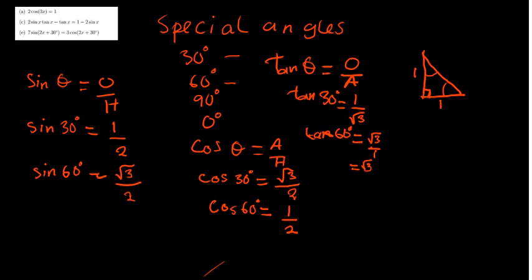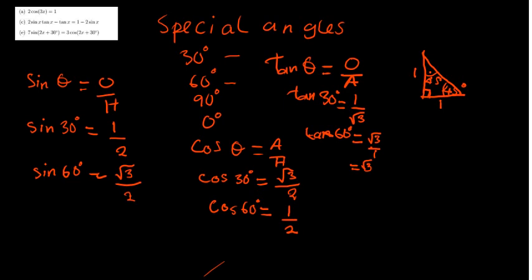So 90 plus these angles should give 180, which means this angle and that angle add up to 90, so this is 45 degrees and also that is 45 degrees. 45 plus 45 plus the right angle makes 180, the sum of a triangle.